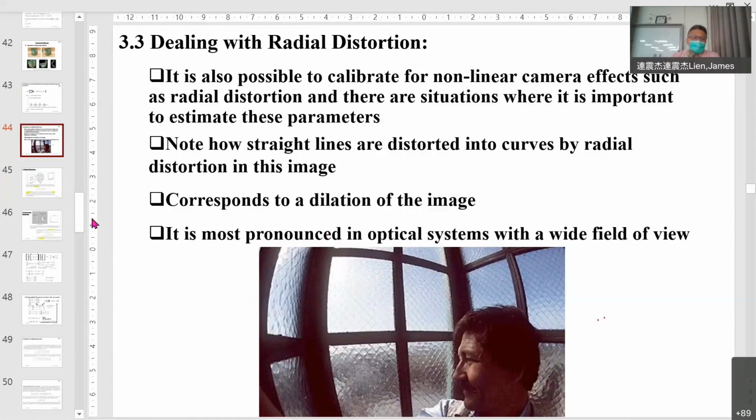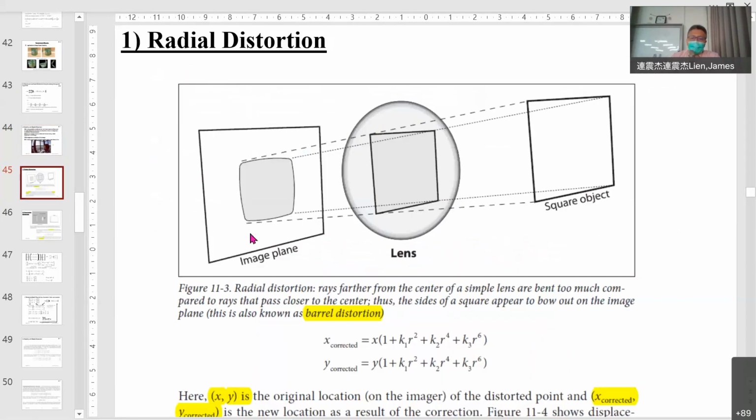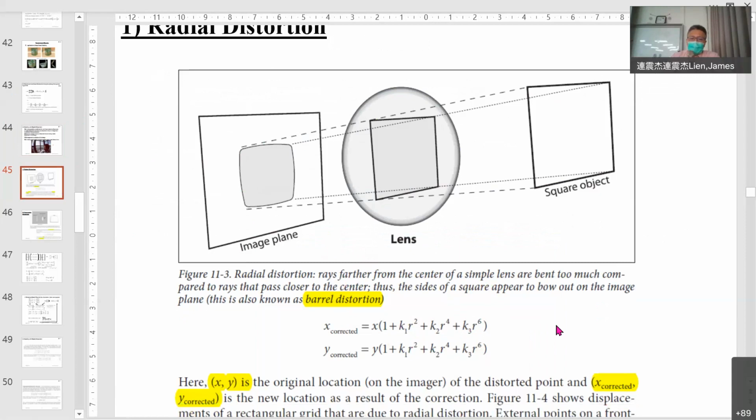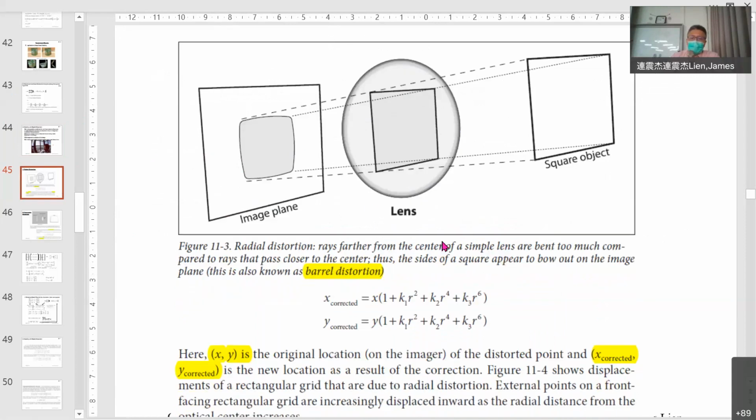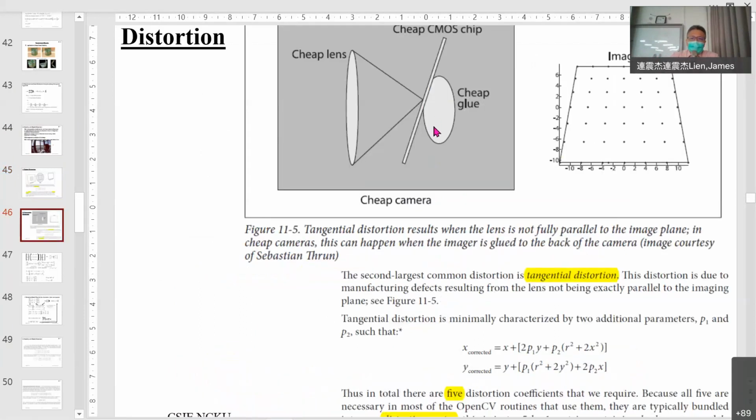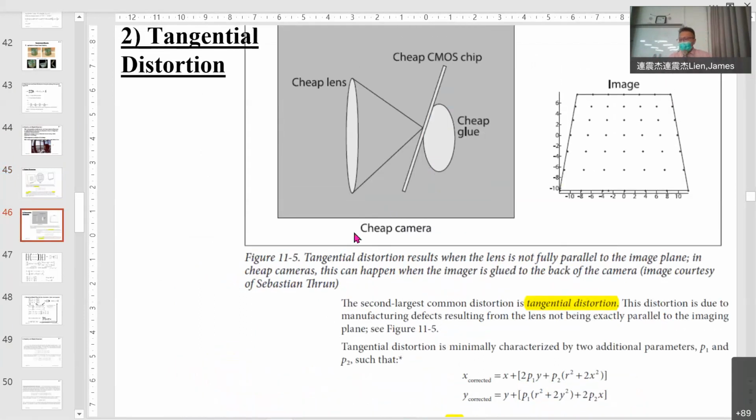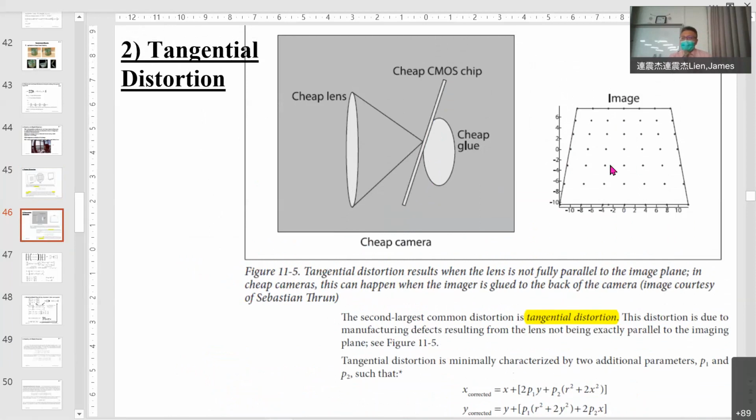So we try to solve this one. This is because of the lens. We try to solve K1, K2, and K3. This is because of the lens, because your lens is a circle, so it has this kind of lens distortion.